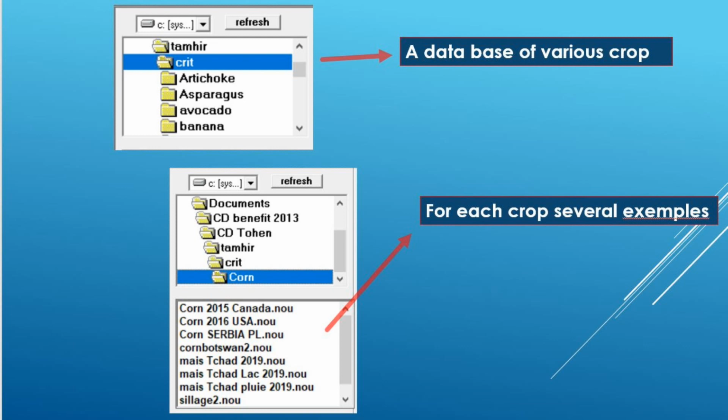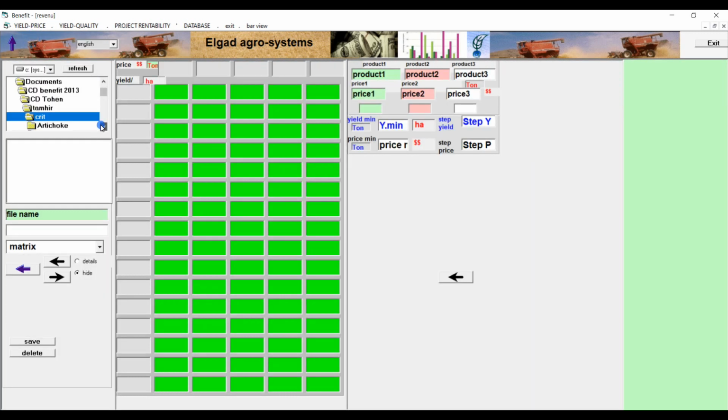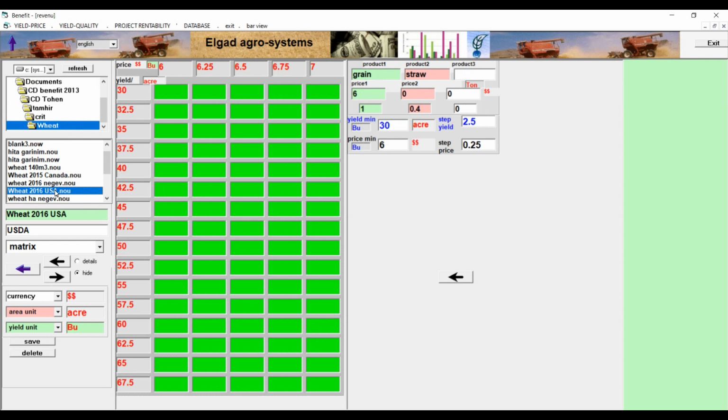Let us enter the database for various crops and see how it's working. So we start with the first example, yield price, and let us start with a very simple crop like wheat. An example of wheat in the United States from USDA.